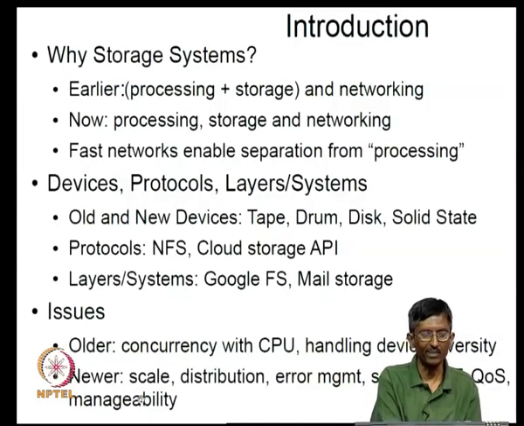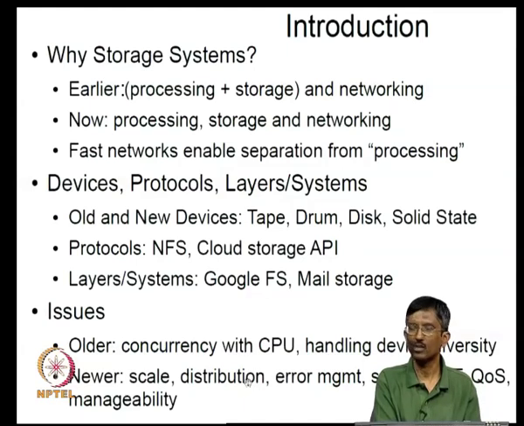The other issue is manageability. What I mean by manageability is that when you have so many things around, how do you ensure that when things fall apart or are not working well, there is somebody watching it and trying to correct it? Okay, this turns out to be a fairly tricky business. For example, we talked about error management, right?